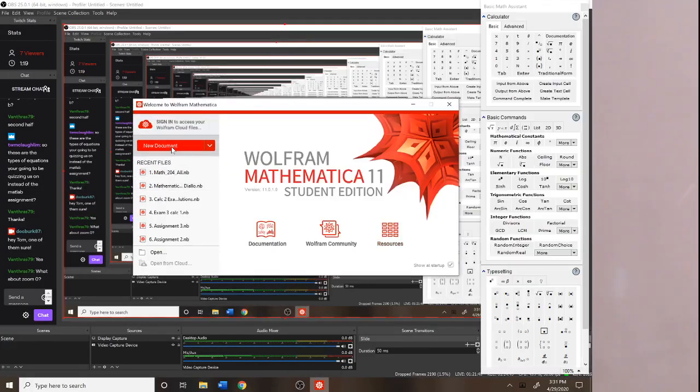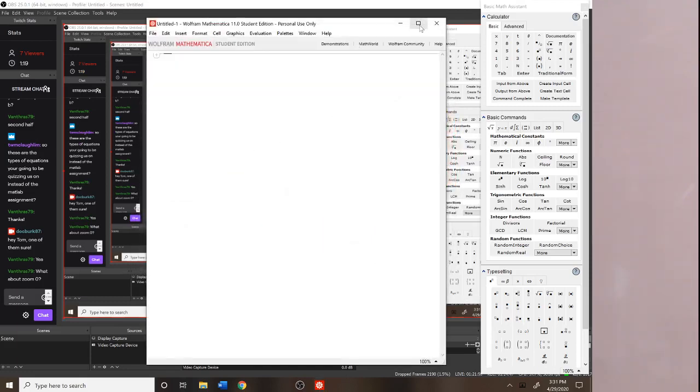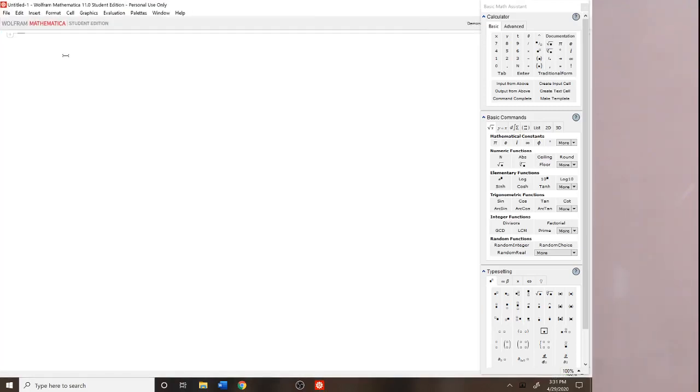So I'm going to do this on Mathematica for you. So I want to plot, let's see, I believe the command is polar plot. What was it? Cosine 3 theta?